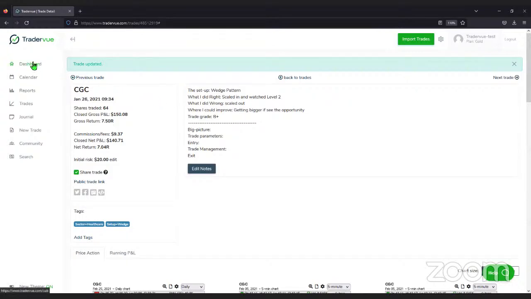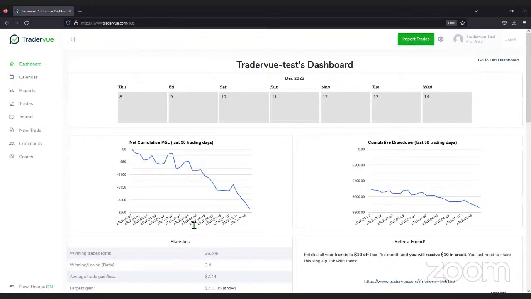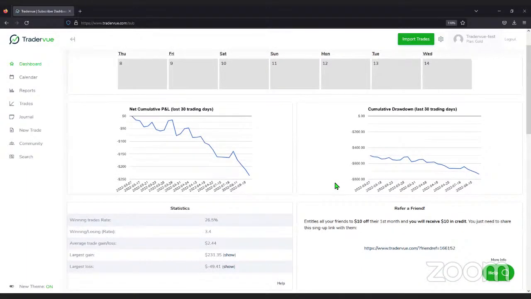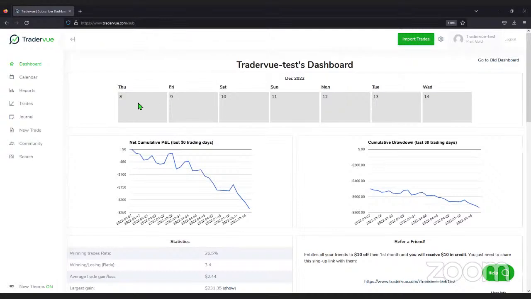So the dashboard, which is the original section that we started from. Now that I have imported the trades, we can see more information here. Usually this will be like a 6-7 day worth of your last trades.